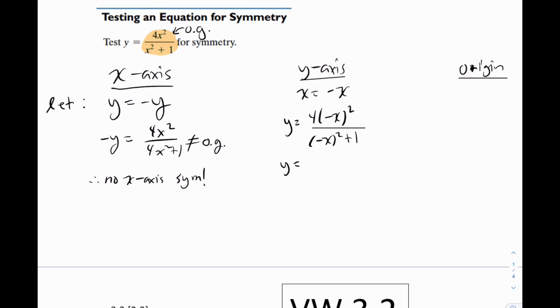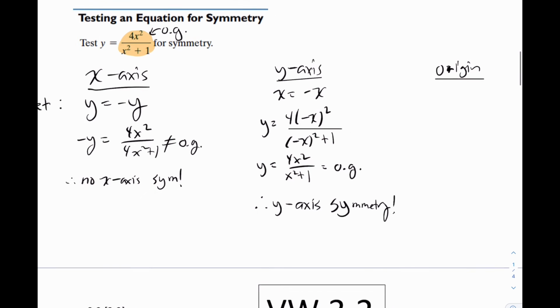Notice how when we simplify this, the negatives go away, and this is equal to your OG function. That means the negative didn't matter, and our conclusion is there is in fact y-axis symmetry. So you want this to happen. When this becomes the original function, that tells you there is symmetry.